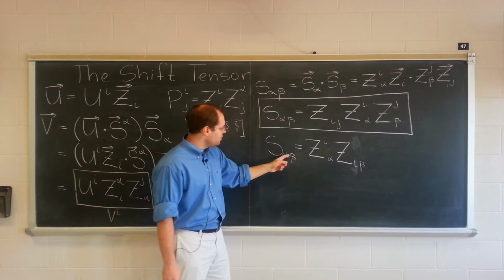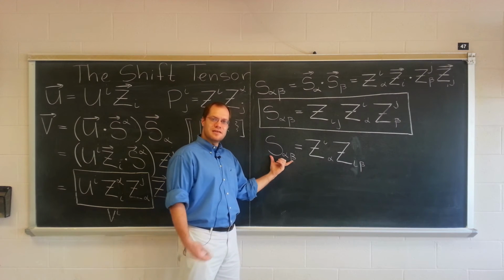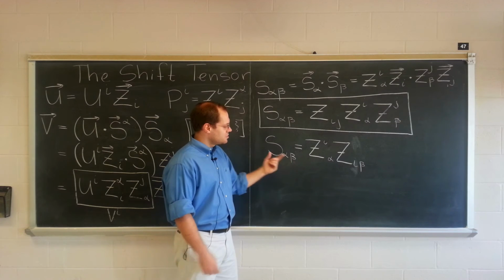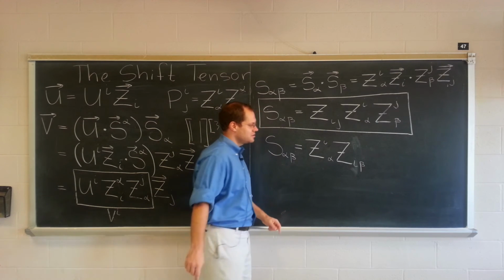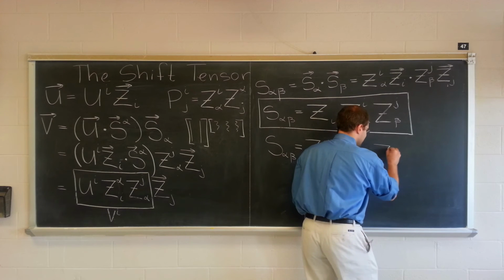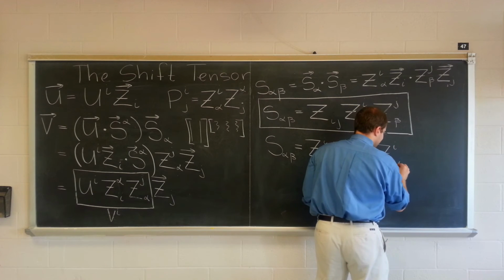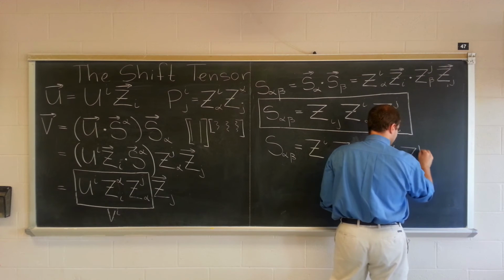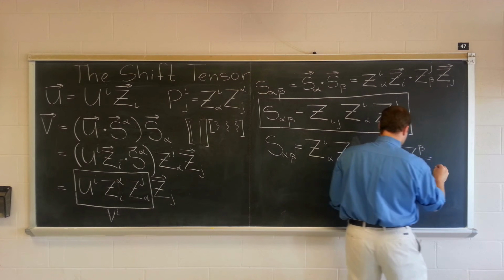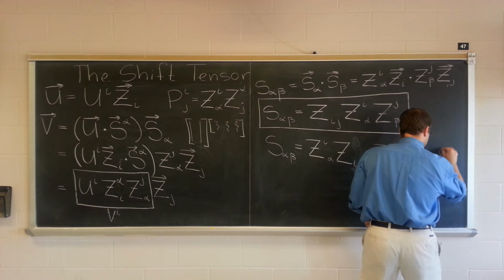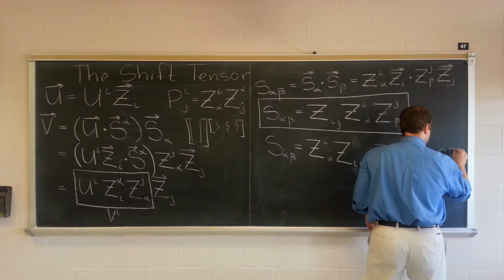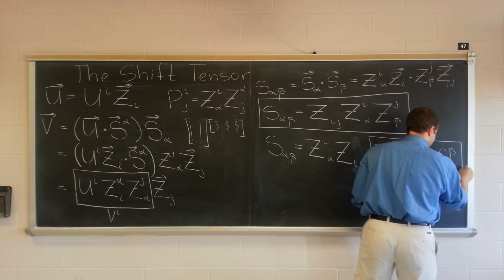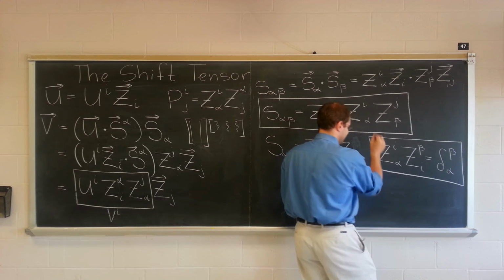And of course, we will recall that raising an index on the shift tensor gives us the Kronecker delta. So what we'll end up with, I'll switch the orders and I'll write the result here. Zi alpha Zi beta equals delta alpha beta. So here's what we have in this case.